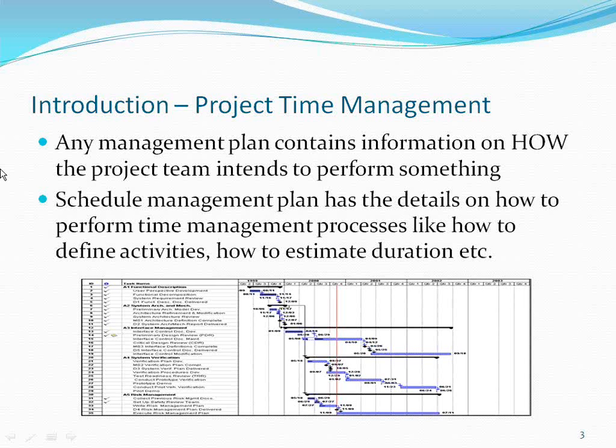Then define activities, sequence activities, estimate activity resources, estimate activity durations, develop schedule, control schedule. Everything should be planned upfront. How do you define the activities? To what level will you develop the activities? How do you sequence? What type of tools do you use here? Everything has to be planned upfront.